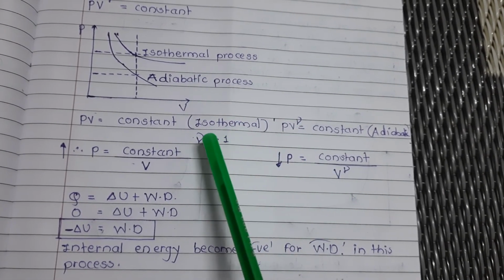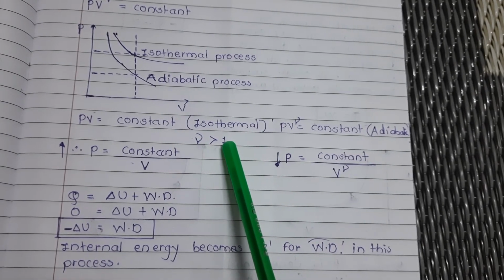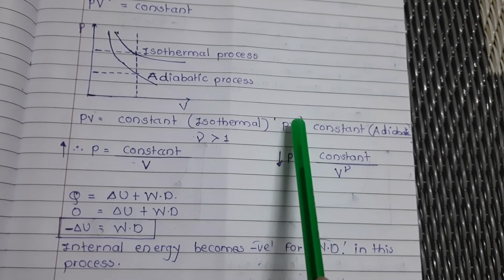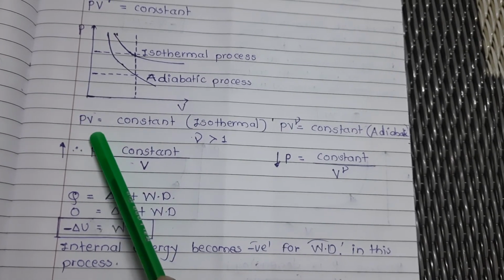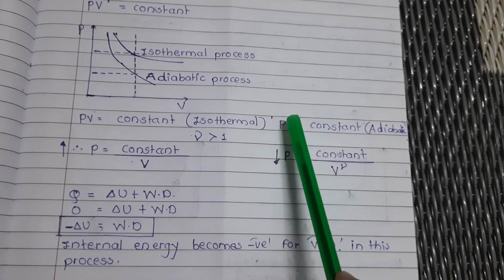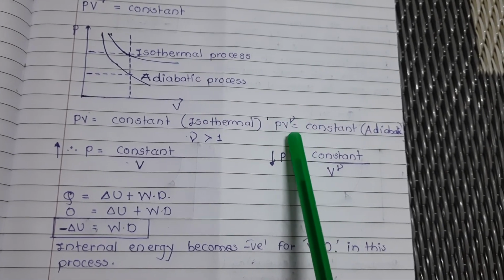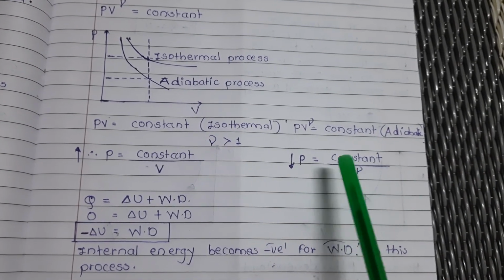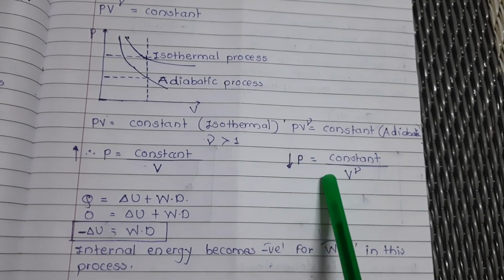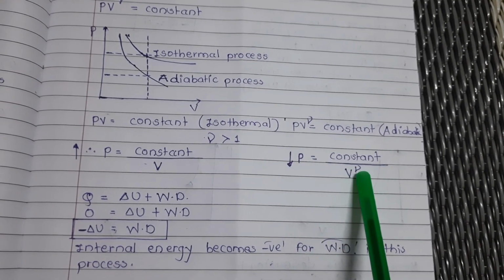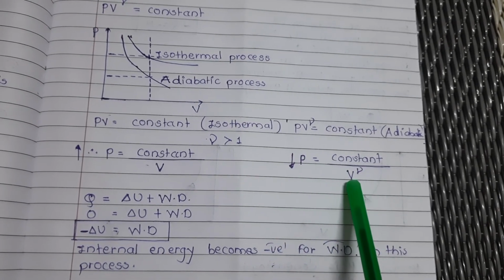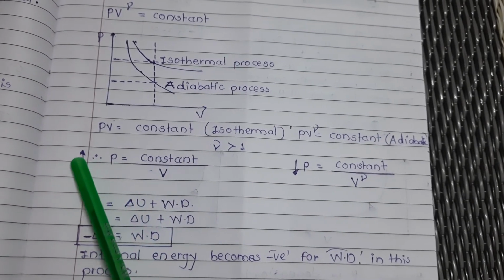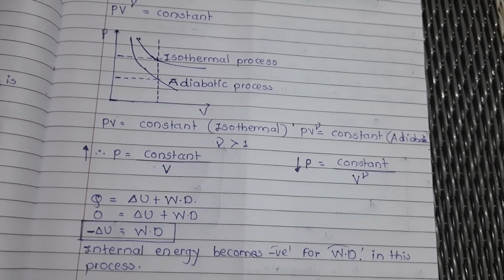If gamma is greater than 1, then V raised to gamma is greater than V. When this greater V raised to gamma is in the division, pressure is inversely proportional to V raised to gamma, meaning pressure is less because V raised to gamma is more than V. Hence, this pressure is more than this pressure.